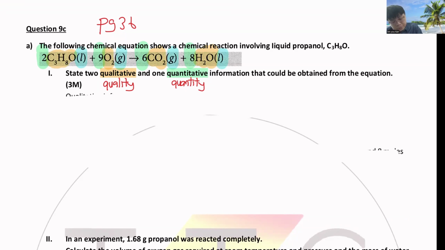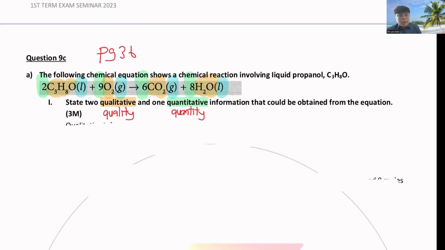Now you have two pieces of qualitative information. This is the first one, this is the second one. One is you know the chemical is this chemical plus oxygen gives carbon dioxide and water. So this is the first qualitative thing that you know.